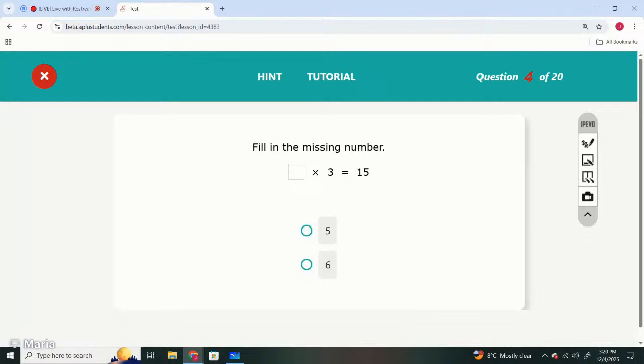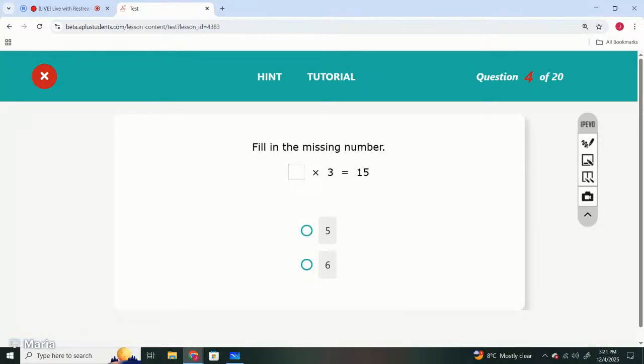What number is it? That is very good. 5 times 3 makes 15.